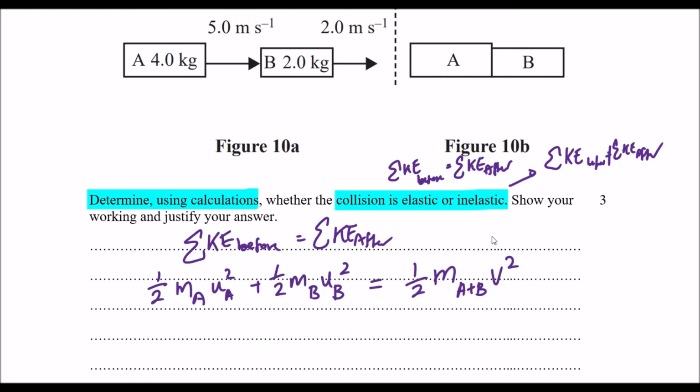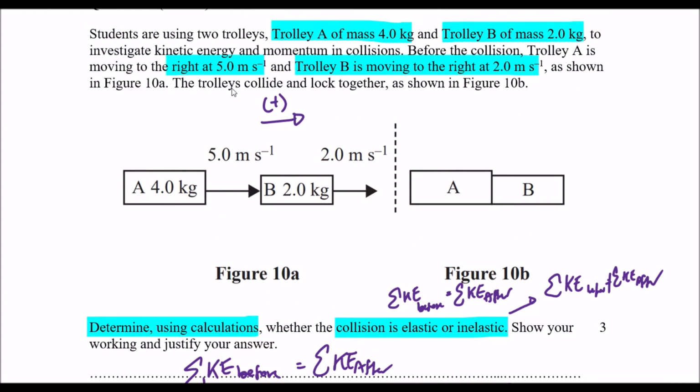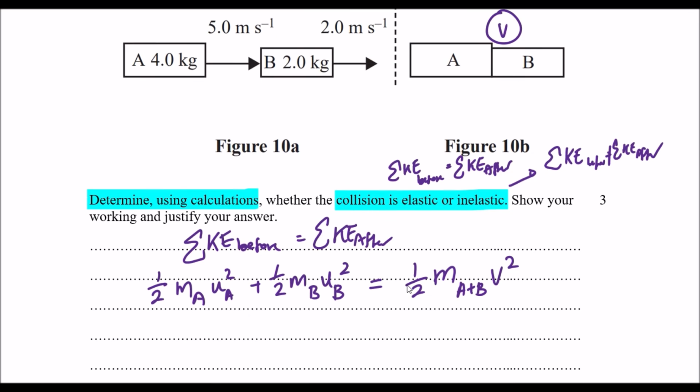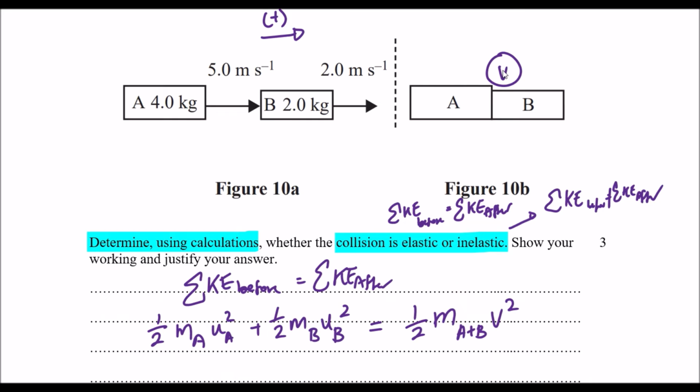As shown, the trolleys collide and lock together. From the looks of it, we actually need to find the final velocity of AB first before we can work out if this is elastic or inelastic. So this is the formula that we have originally, but I'm going to have to quickly rub this off because I need to do the momentum formula to find the final velocity.